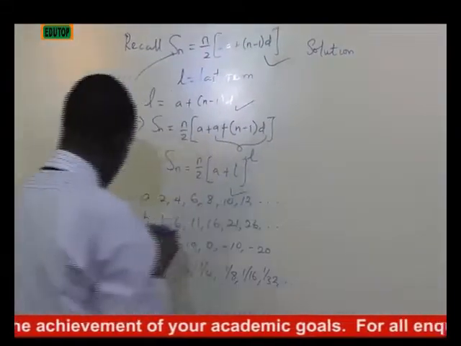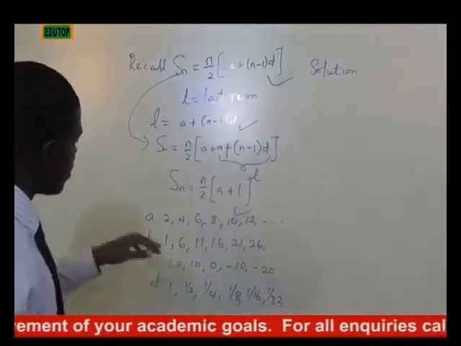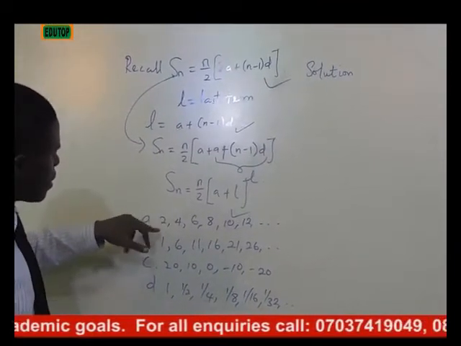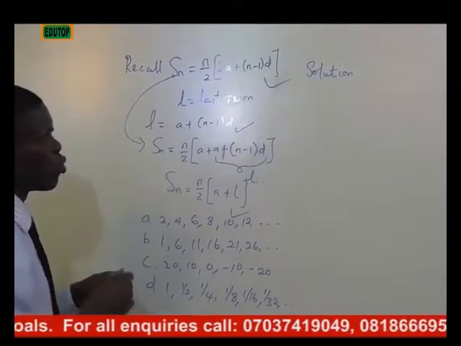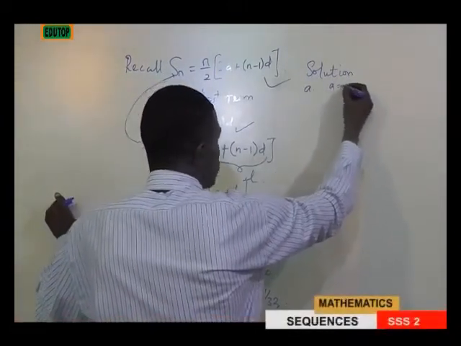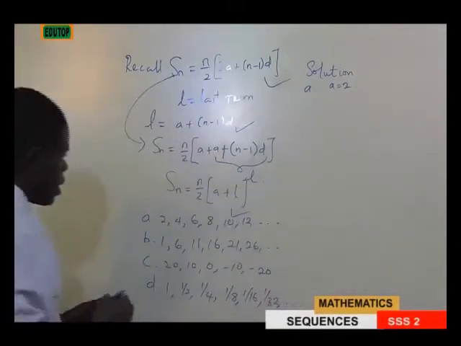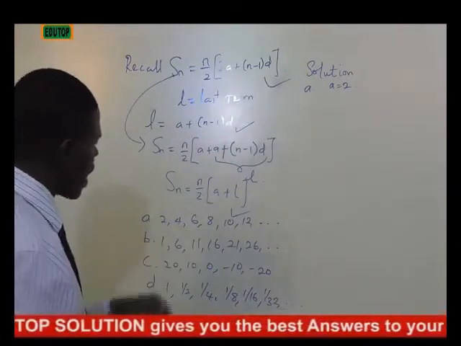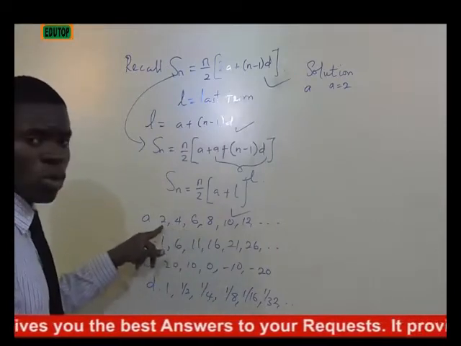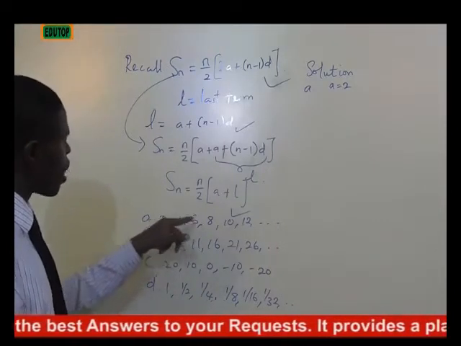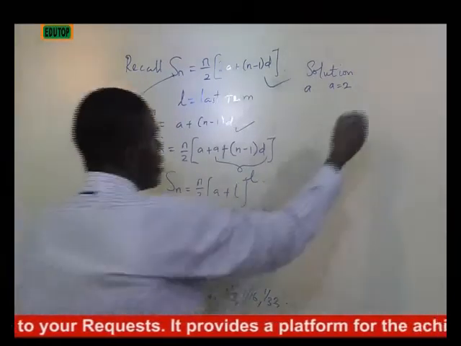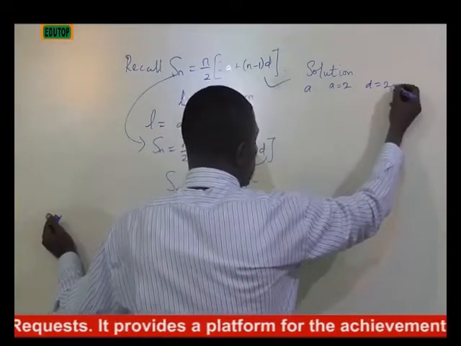In the case A, it can be noted that the first term here is 2, so a is 2. Between successive terms, we have a common difference of 2, because when you add 2 to this, you have 4. When you add 2 to this, you have 6. When you add 2 to this, you have 8. Automatically, d is also 2.